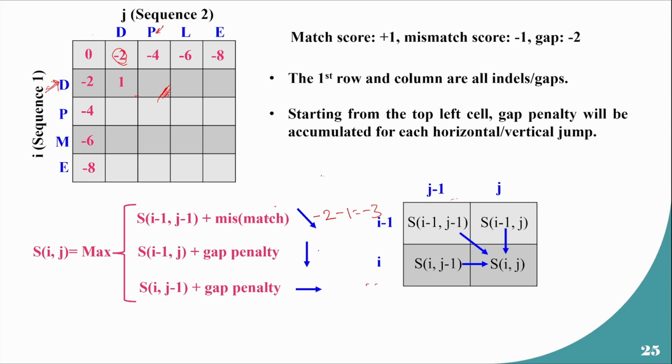Then for the vertical calculation, we'll see -4 -2 equals -6. And then the horizontal left to right tracing, we'll see 1 -2 equals -1, because again it is a gap. So the maximum of these is of course -1, and we'll put a value of -1 there.